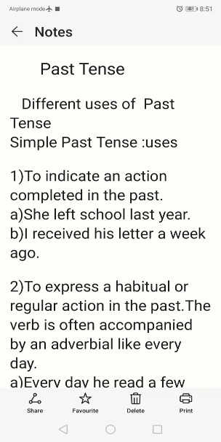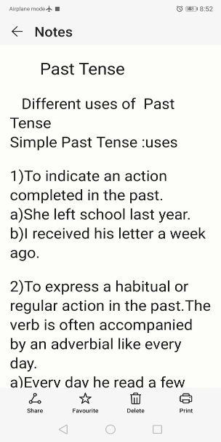But here, in the past, the actions which were regular, which were in habit, to indicate that one in the past, we have to use simple past tense. The action which was regular, the action which was in practice, but in the past.